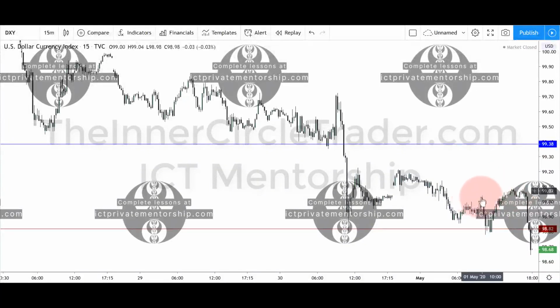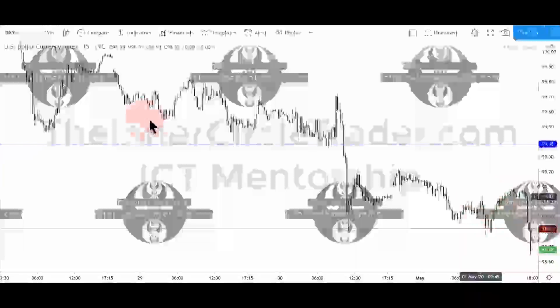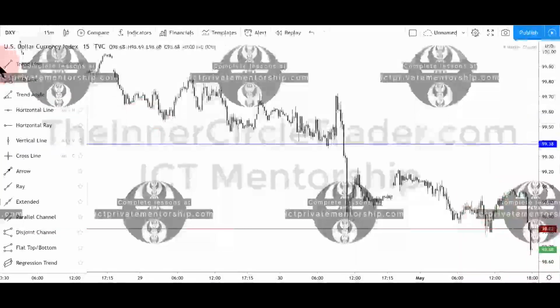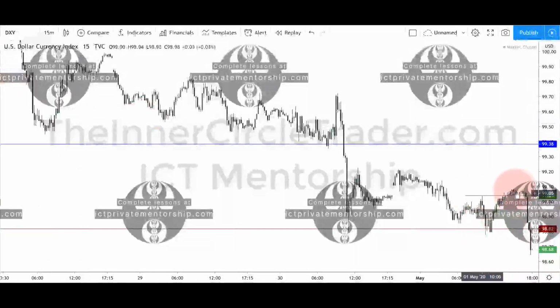And then once it takes that liquidity that's resting above these equal highs, or relative equal highs, that layer of orders that resides above that, this high here, and I'll just put a little line here so you can see it graphically. All right, so you can see above these highs, look what it does.